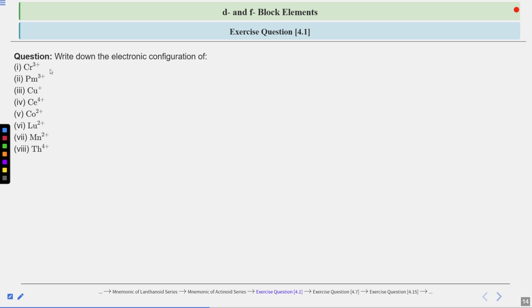Then copper positive, then cerium, CE is cerium 4 positive, then cobalt 2 positive, then lutetium 2 positive, and then manganese 2 positive, and then TH is for thorium, right? So thorium 4 positive. You have to tell the electronic configuration of each ion from first to the eighth part.